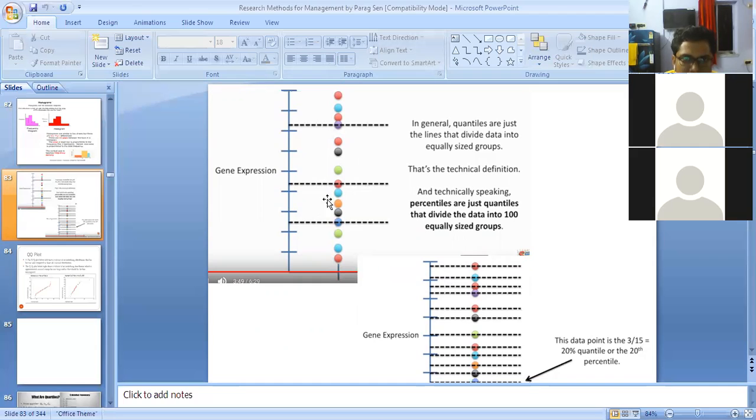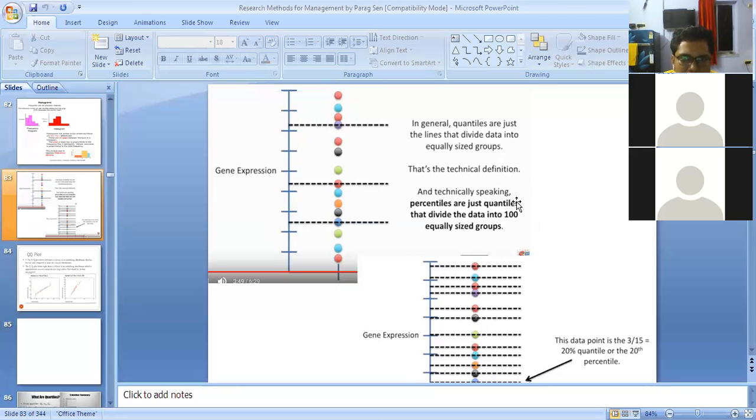This is a series of data, with all the gene expressions given. In general, quantiles are just the lines that divide data into equally sized groups. Suppose you have some series of data; all these dividing lines are known as quantiles. That's the technical definition.